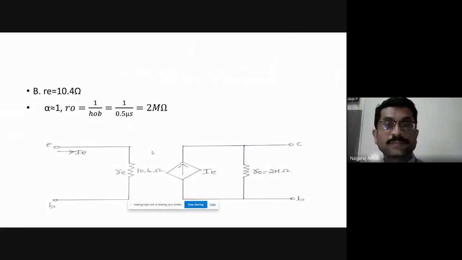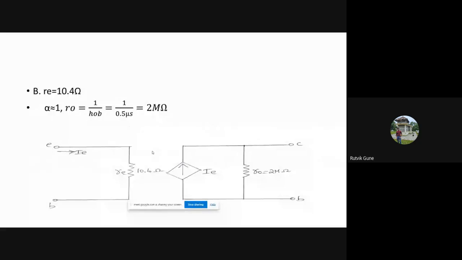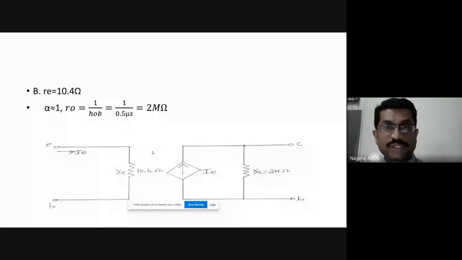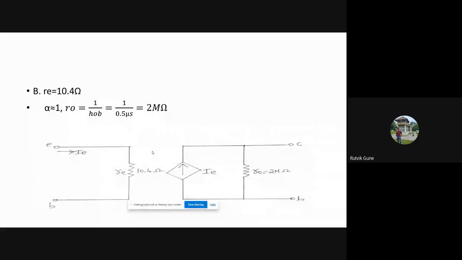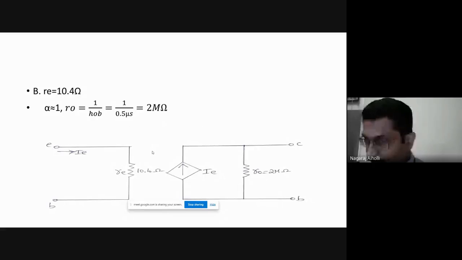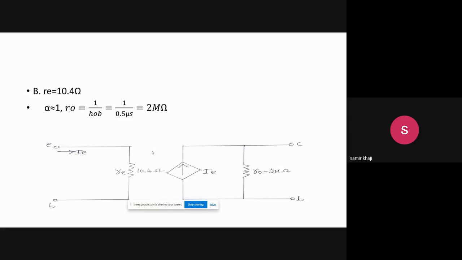Rutik Chopde? Rutik? Rutik Gune? Yes, sir. Is it understood, Rutvik? Yes, sir. Okay, fine. Samir Ahmed, Kaji? Yes, sir.